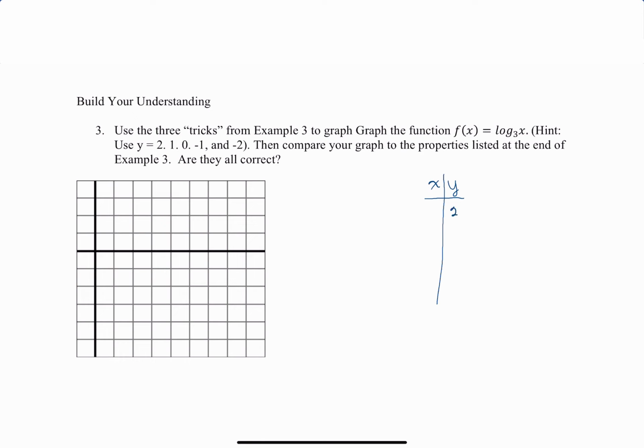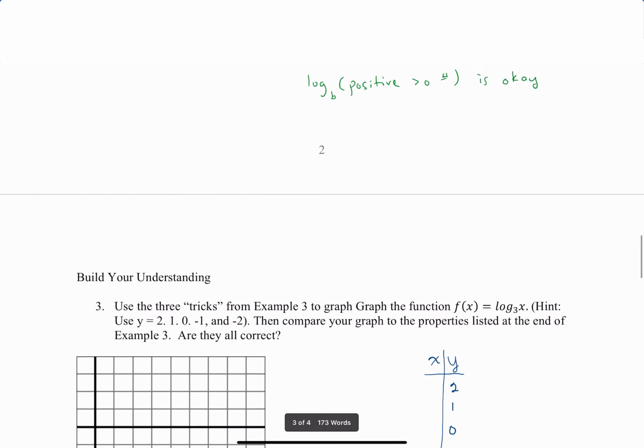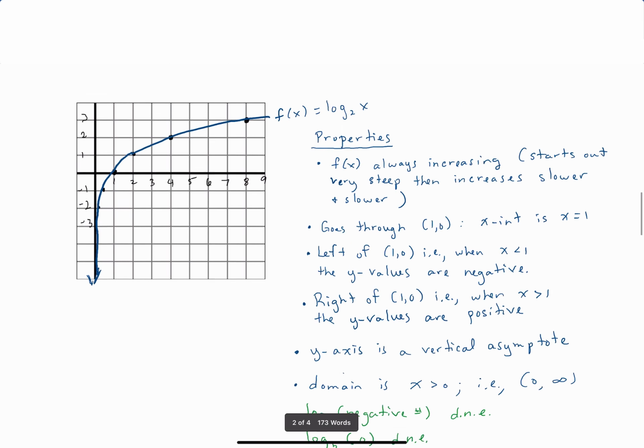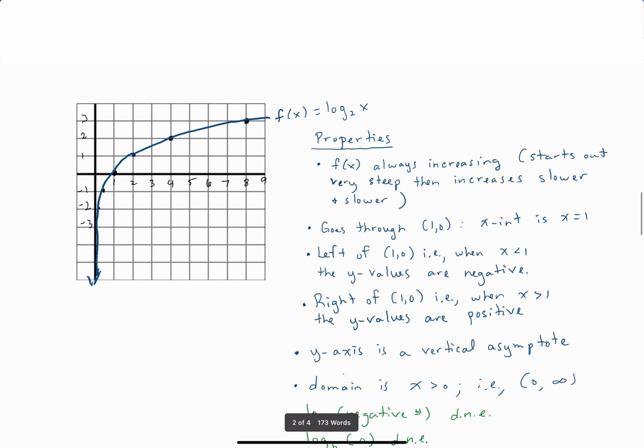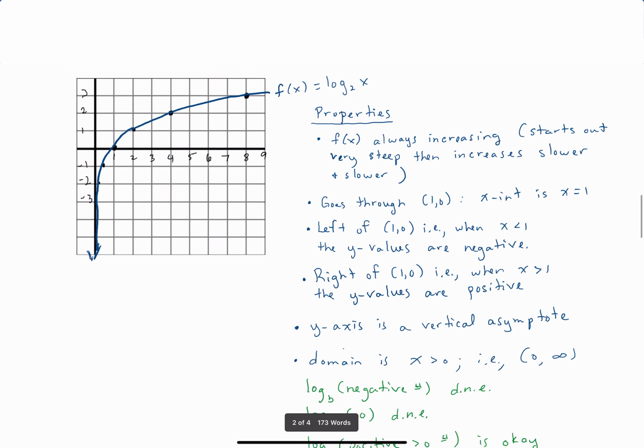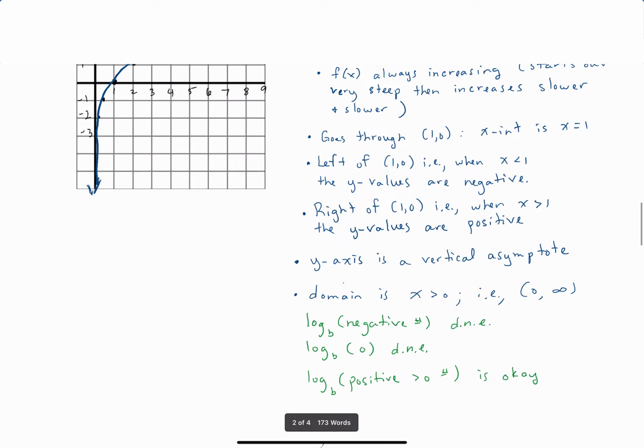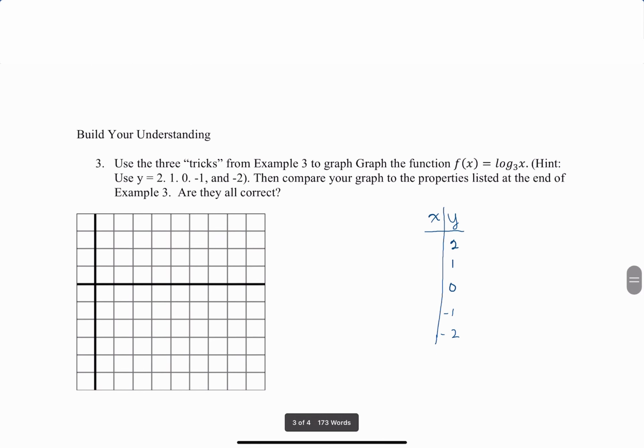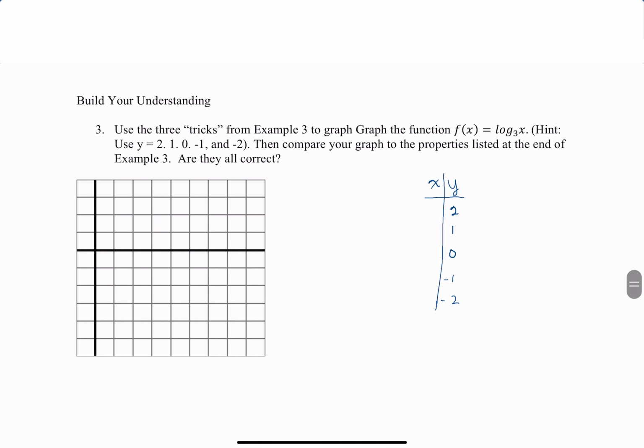And in the hint, I'm suggesting you use 2, 1, 0, -1, and -2. So use those to get the x values, then plot the points, connect the dots, and please compare your graph to the graph we did in example 3. It should look pretty similar, and it should exhibit the same properties that we observed in example 3. Okay, good luck with that. I'll go over this with you at the beginning of the next video.